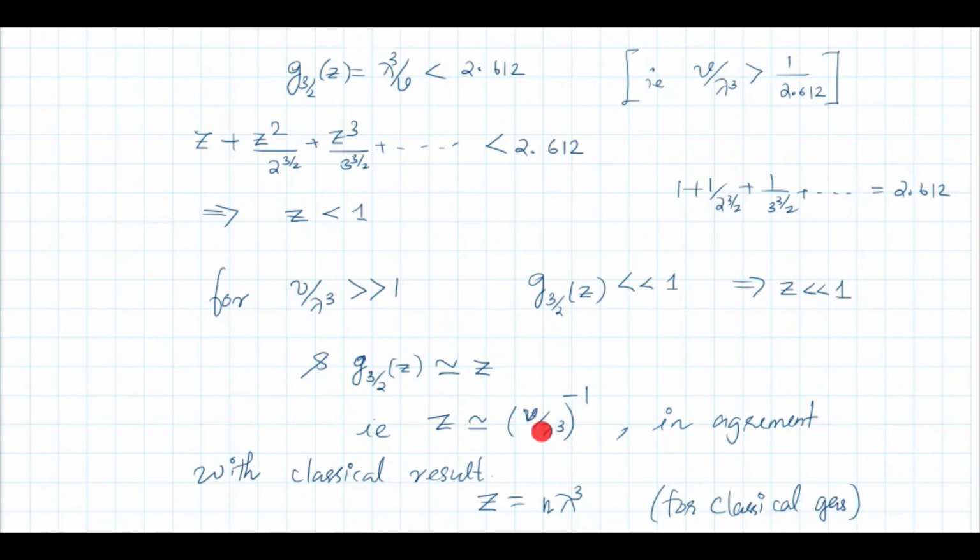So this is exactly Z equal to n lambda cube. So all is in agreement with the classical result. So in the limit T very large, or T tends to infinity, that is the meaning of V by lambda cube greater than 1, the fugacity Z is given by n lambda cube, and it is the classical result.